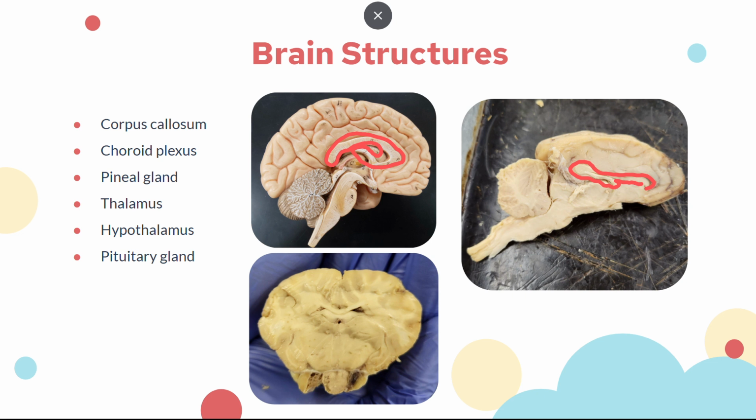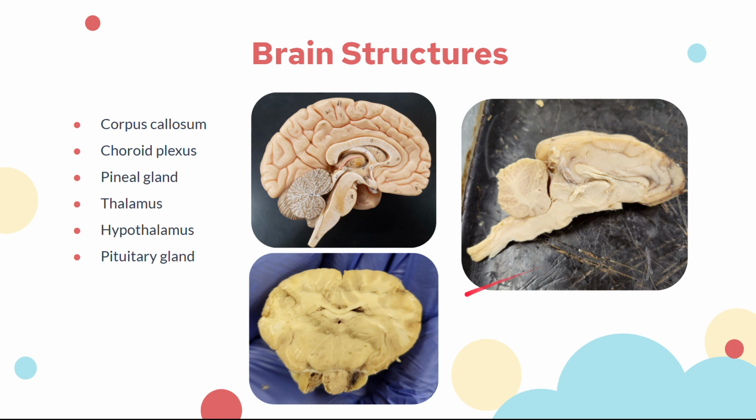If you were looking at a coronal section, our corpus callosum would essentially be this, that little white area as we saw. So these white sections would be our corpus callosum.